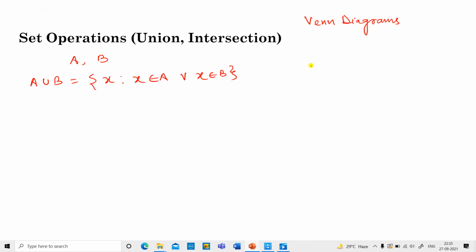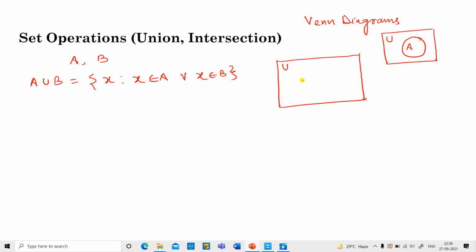Now the universal set is denoted by a rectangle, and a set is denoted by a circle. So to denote the union of two sets, we can write it in this way.